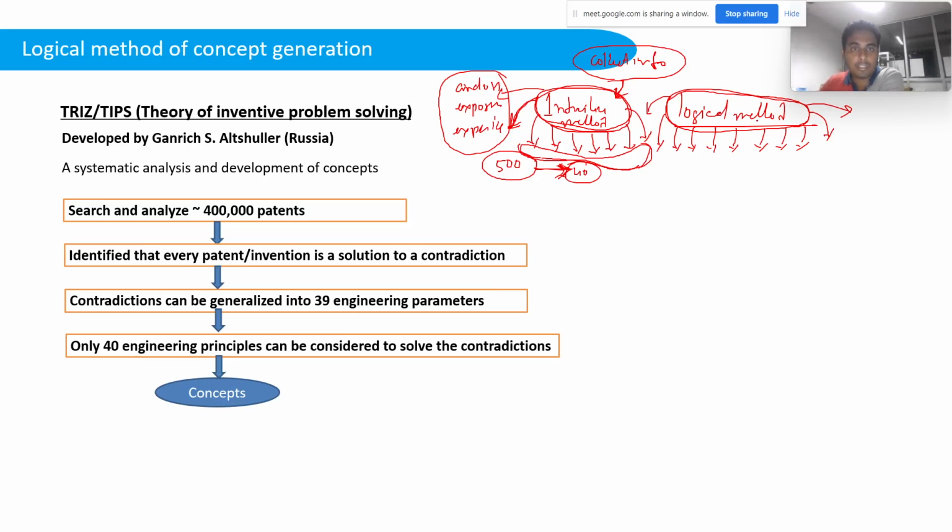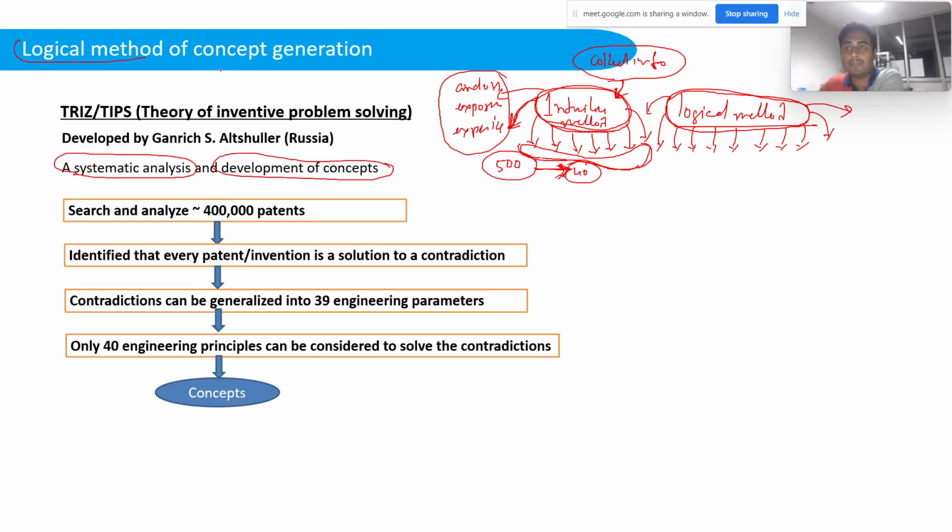So basically, a logical method is more like a systematic analysis of various requirements and functionalities, and then trying to develop concepts in a more logical manner. Okay, that is what a logical method of concept generation is.